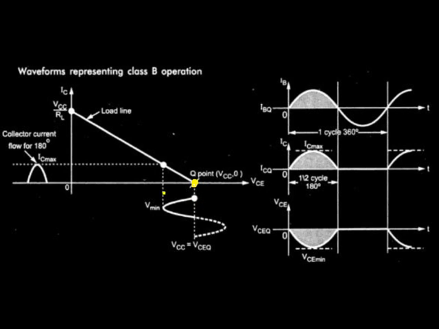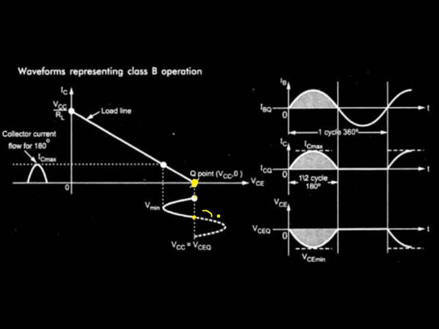So you will be able to reproduce the signal for 180 degree only. The collector current is flowing for 180 degree only. So here you can see IB is like this, but the Q point is fixed here. You are losing some signal here, but the efficiency is more in this class B operation.